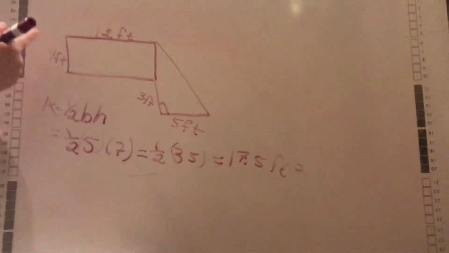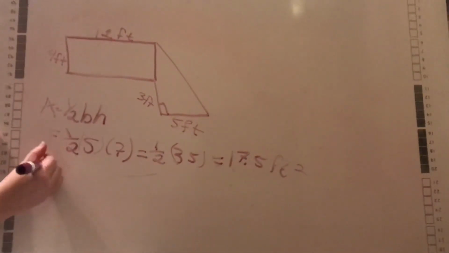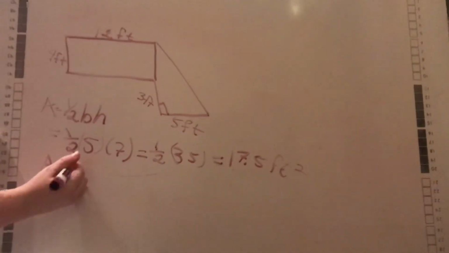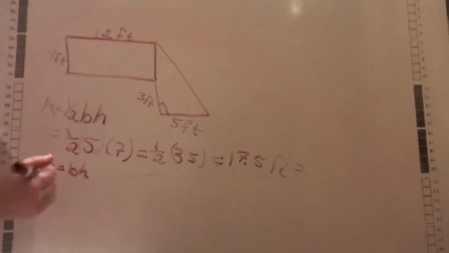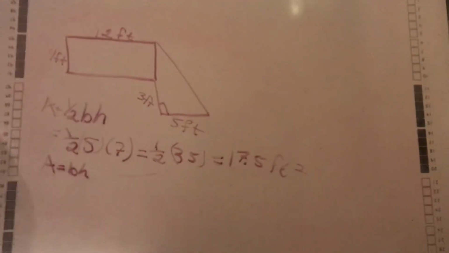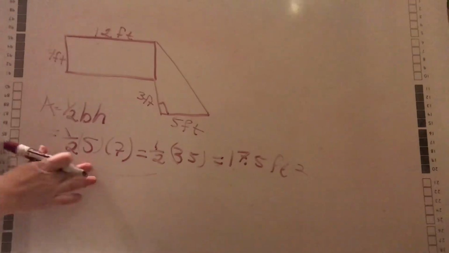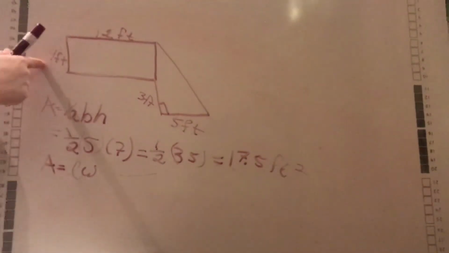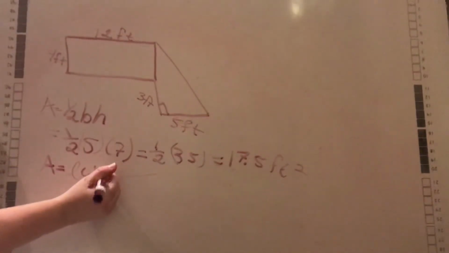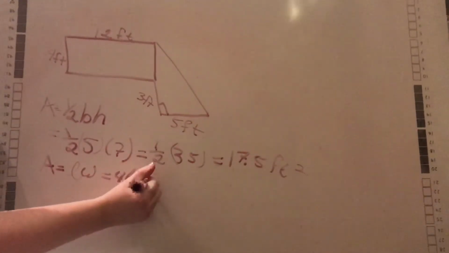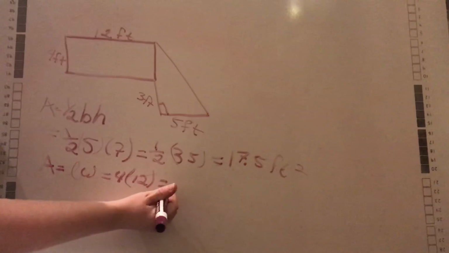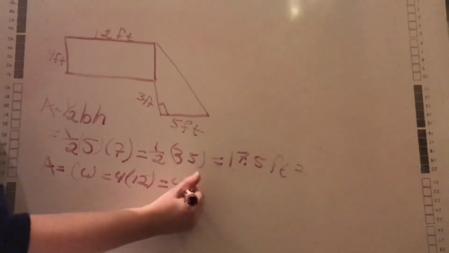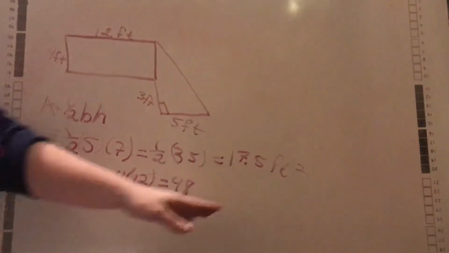And of course then we know the area of a rectangle equals base times height. So base times height, or length times width, sorry, either one. Length times width, you just take one side times the other side. So that's going to equal 4 times 12, which equals 48. So then we would just add these two together.